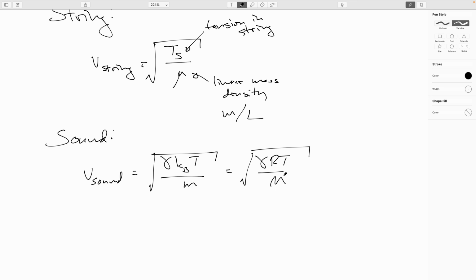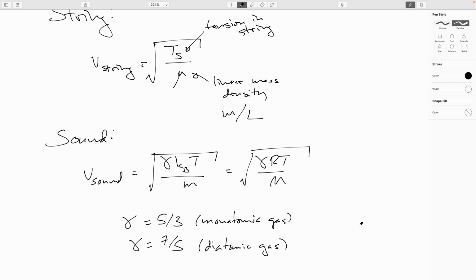So T is the absolute temperature. Gamma is the ratio of the specific heat at constant pressure to the specific heat at constant volume. So just for at room temperature, gamma is 5/3 if it's a monatomic gas. And it's 7/5 if it's a diatomic gas at room temperature.